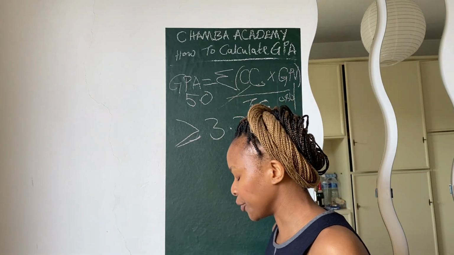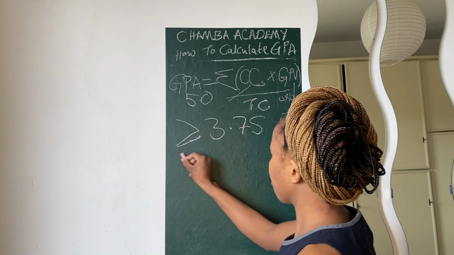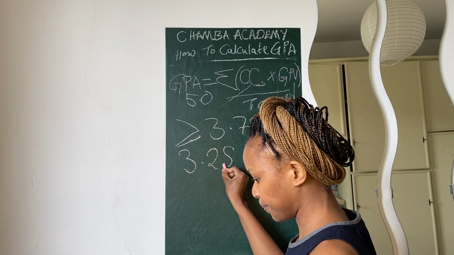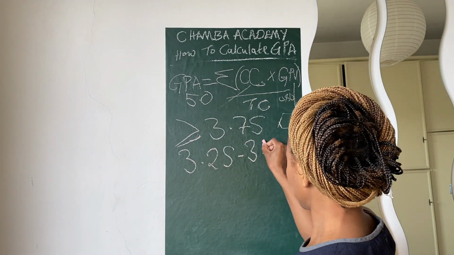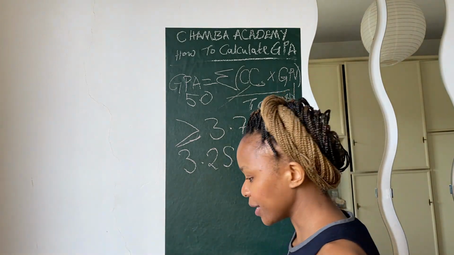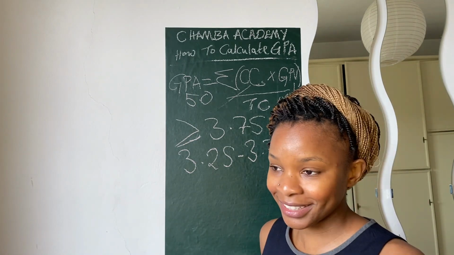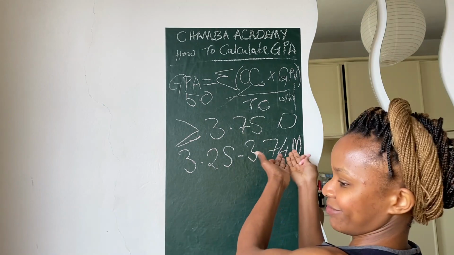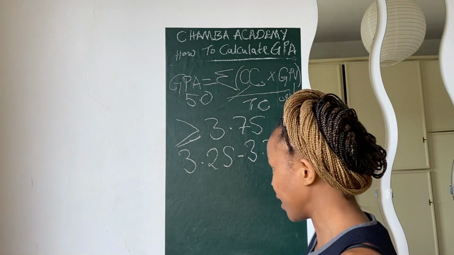If you get a grade point in the range of 3.25 to 3.74, that's a merit. So you see, if only I had gotten about 0.5 more, I would be in the merit. So I missed the merit mark by 0.5.